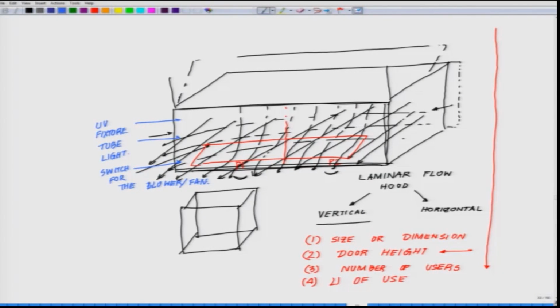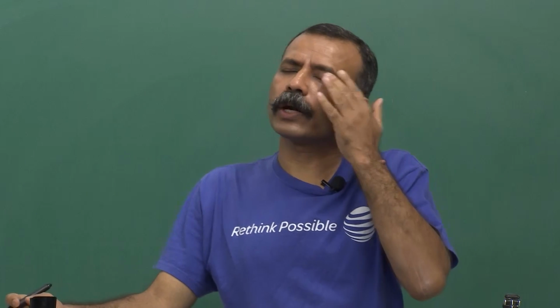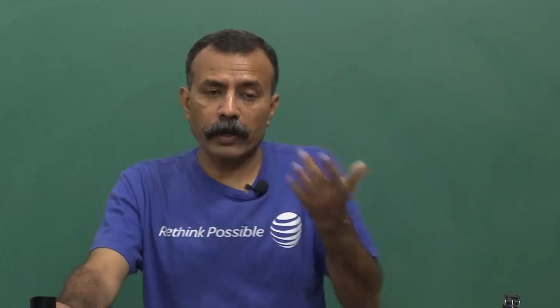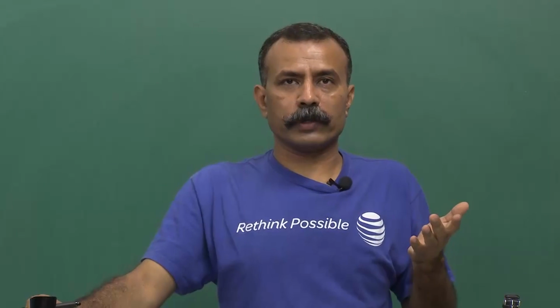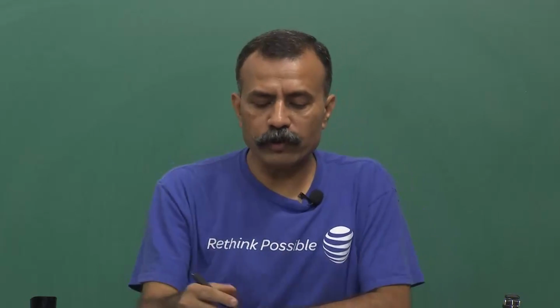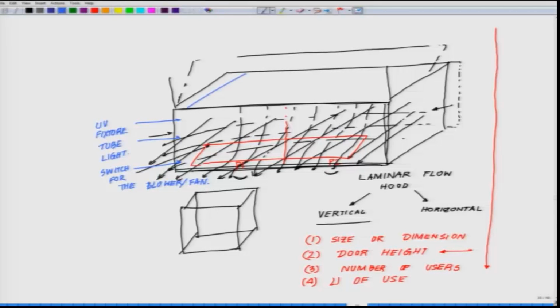Try to buy models which are very simple, and if you can get them made locally, you are very fortunate. Inside, if you open this part, you will see the filter mesh, whose job is to trap the impurities, contaminants, dust and so on.